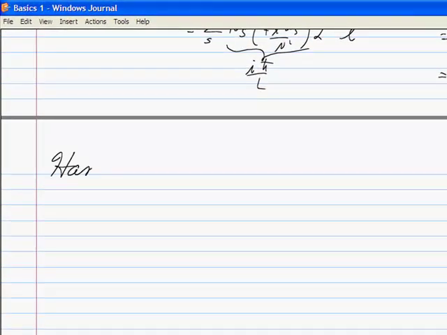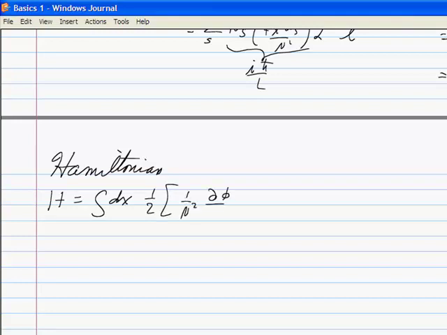Let me go to the Hamiltonian. Okay, the Hamiltonian is the integral dx, 1/2, 1 over v squared (d phi dt) squared plus (d phi dx) squared.